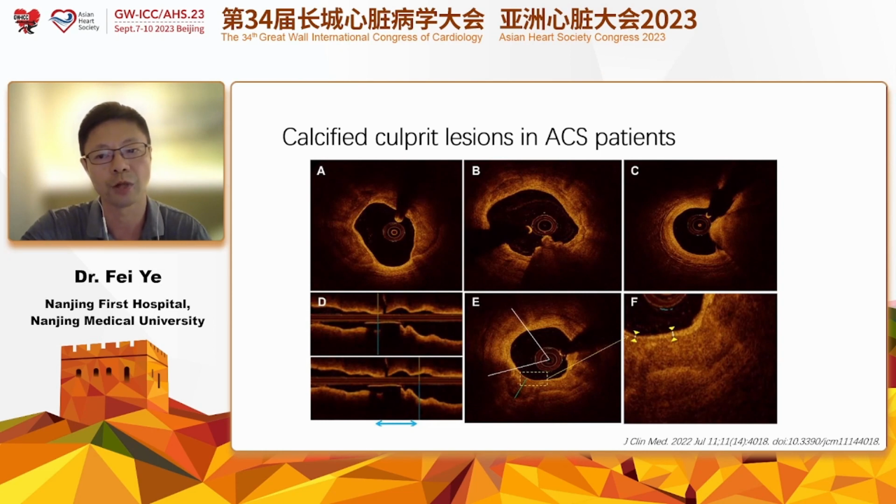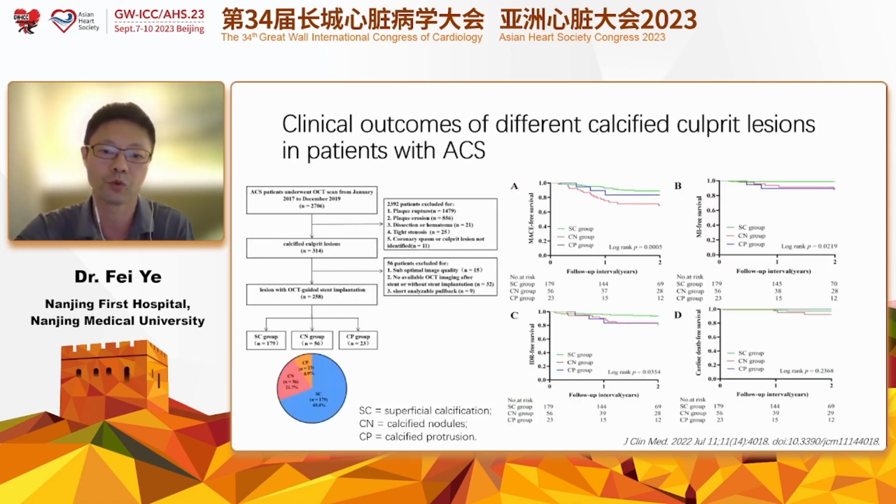Look here: A is superficial calcific sheets, B shows the calcification, and C we can also call the luminal calcification without any thrombosis formation. So the question is, is there any difference between these three calcified lesions in patients with ACS?